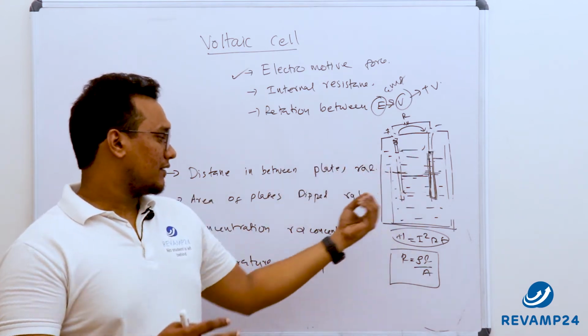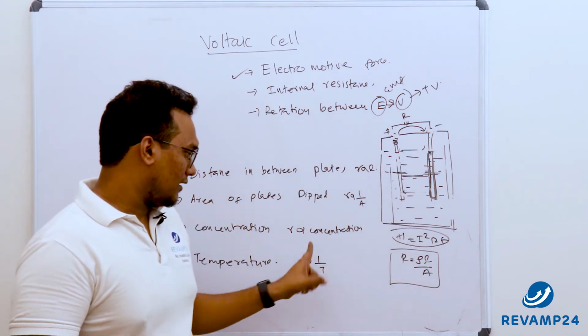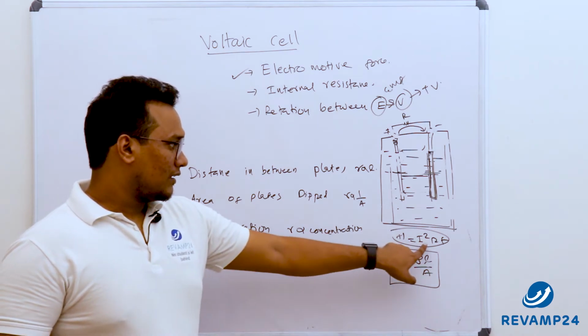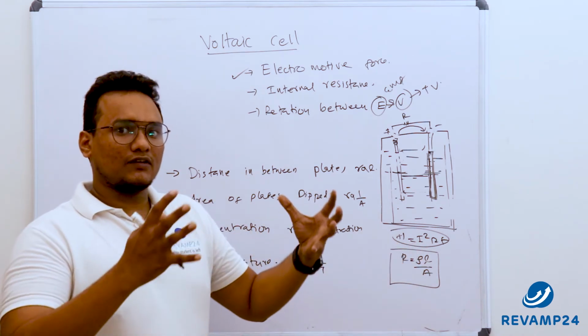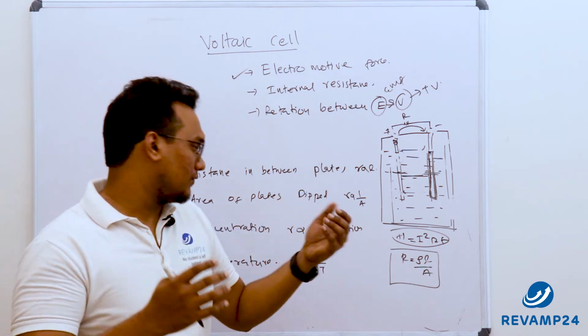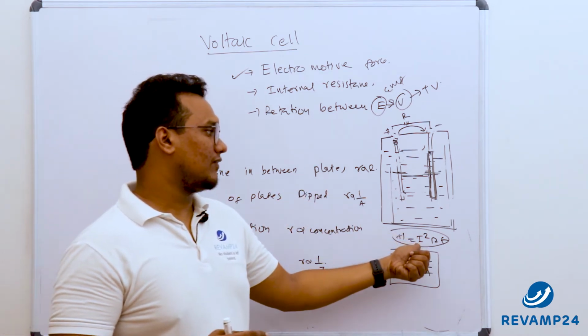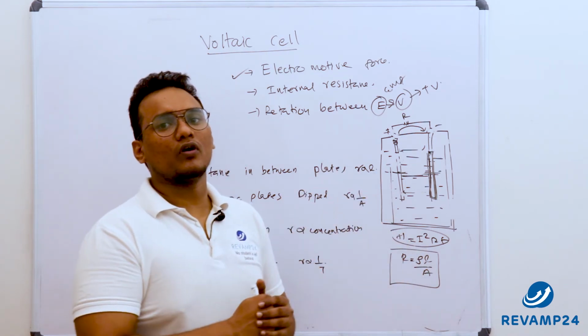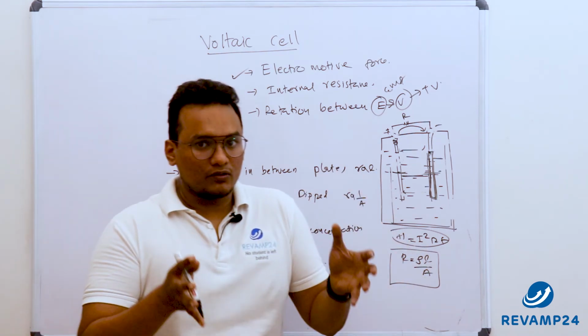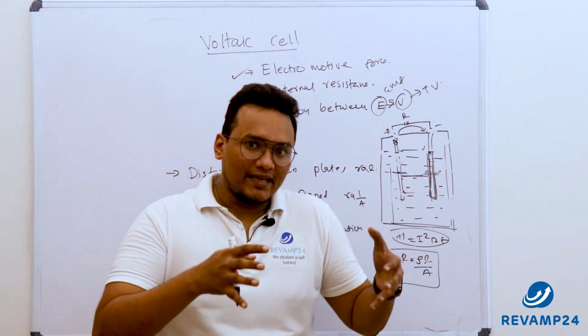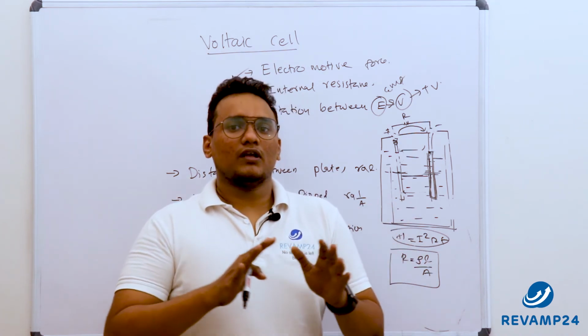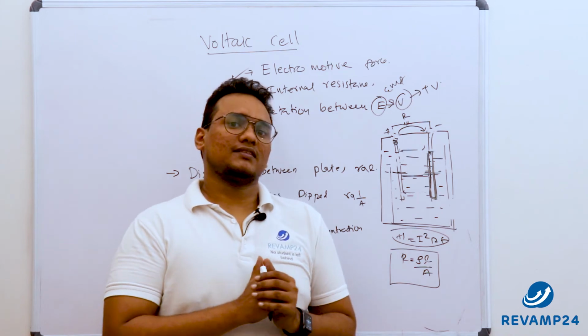So when resistance decreases, current increases, more heat will be generated, and the more heat will in turn cause the same thing again. Current will increase again, this process keeps on going, and that will basically reduce the life of the battery.